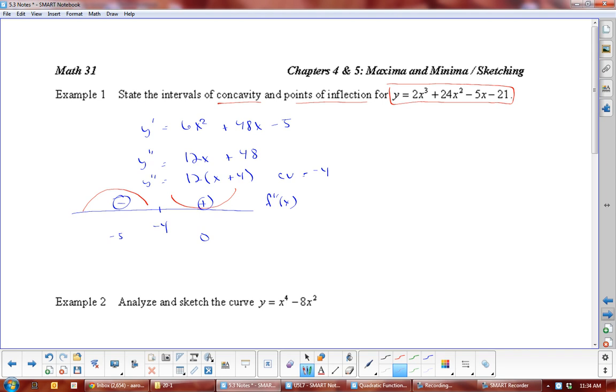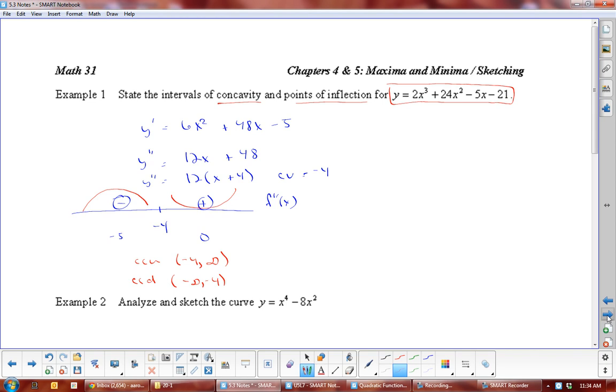Okay, now it didn't ask us to draw, it just wanted to know where it's concave up: at -4 to infinity. It's concave down from -infinity to -4, sorry.